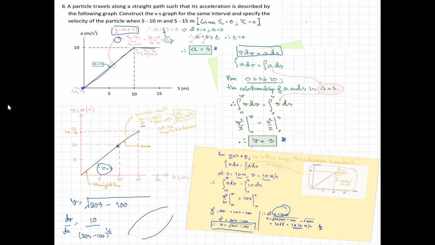Does this mean that if we consider this function as the slope of the graph, when s increases, dv by ds should decrease, because s is in the divisor? So when s increases, dv by ds decreases. What does it mean? It means the graph should be in this trend, so the curve should be like this.